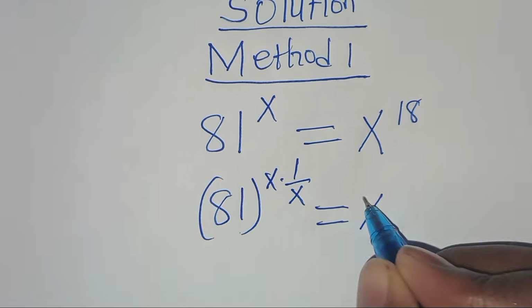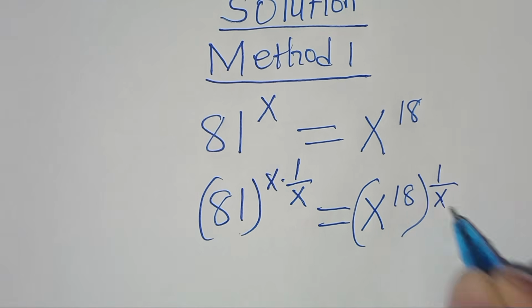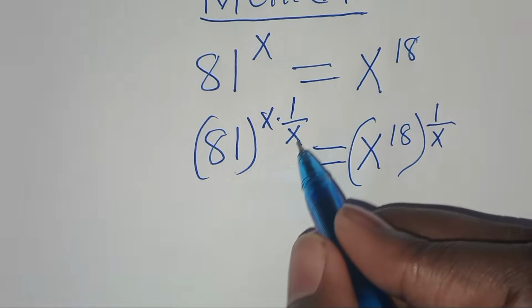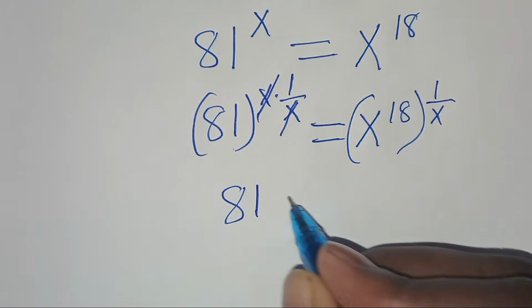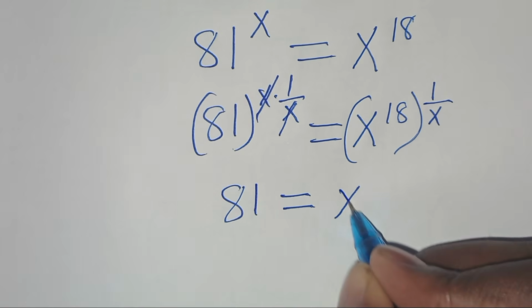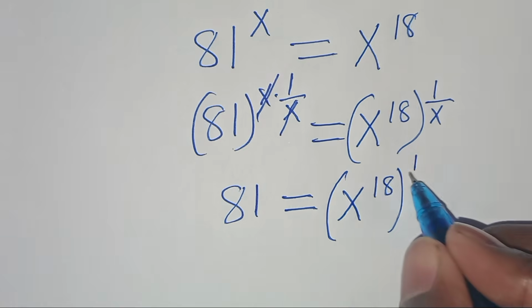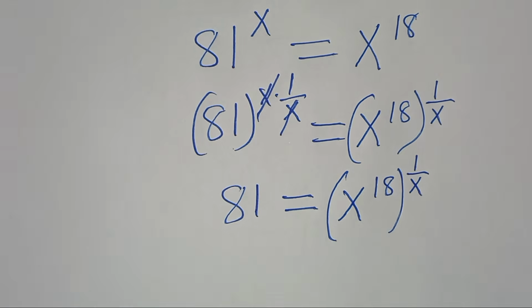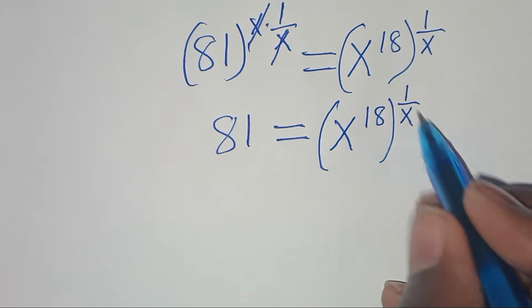So this is equal to x to the power of 18 raised to the power of 1 over x. So x and x here simplify. So we have 81 equal to x to the power of 18 raised to the power of 1 over x.